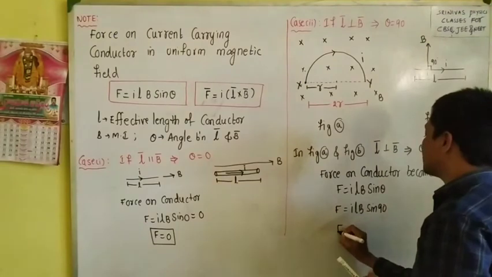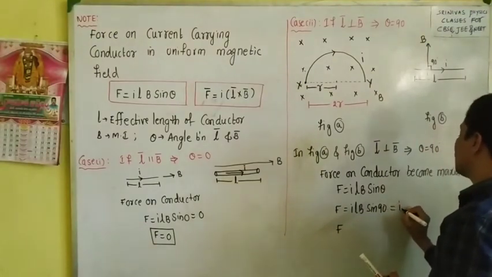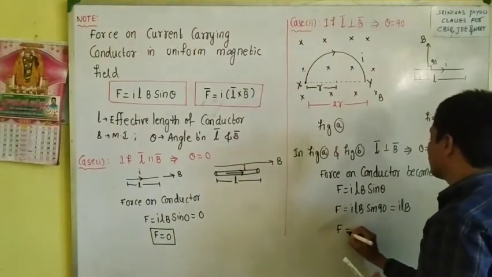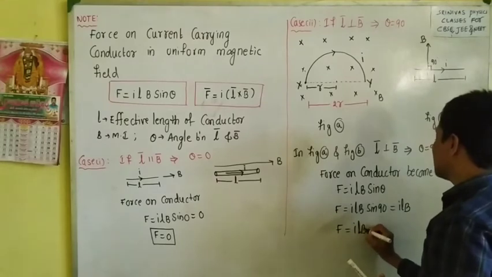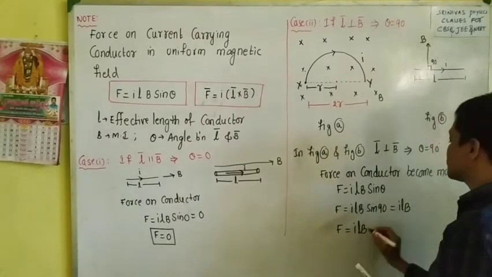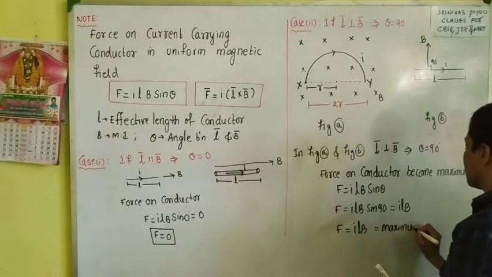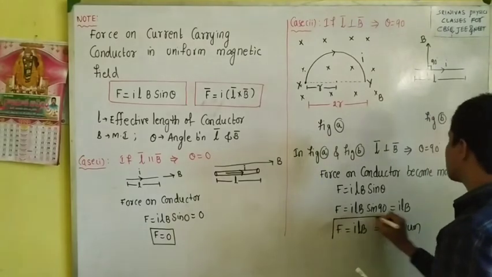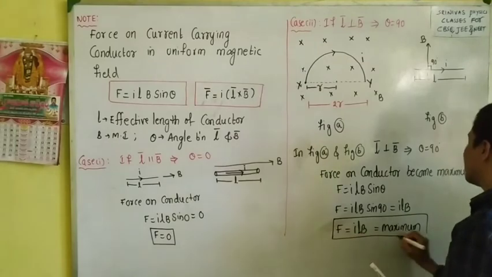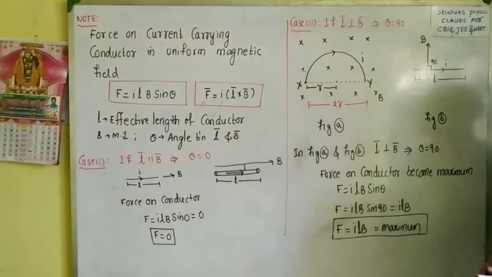Sin 90 is 1, so we get the force as ILB, and this is the maximum force. The maximum force formula is ILB. In some books it may be written as BIL.